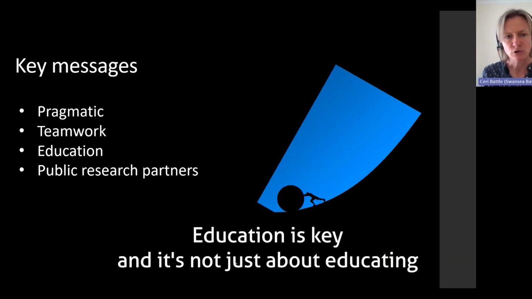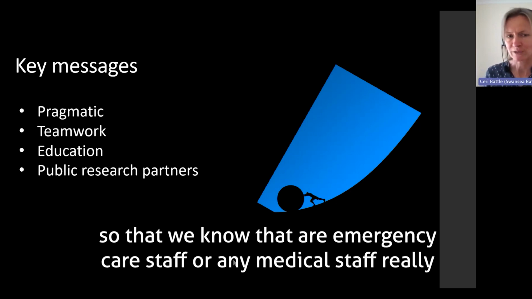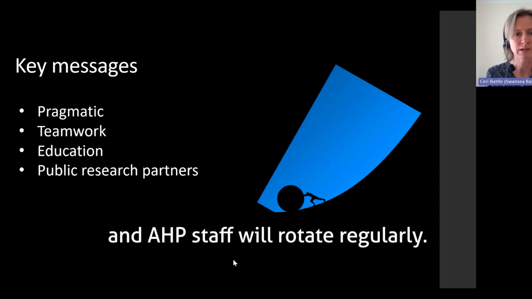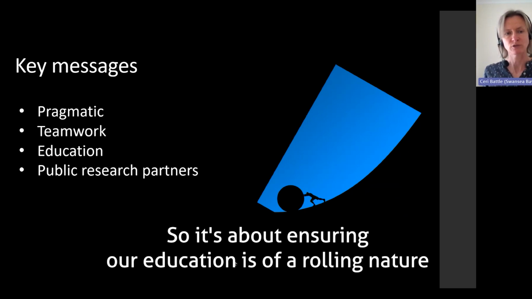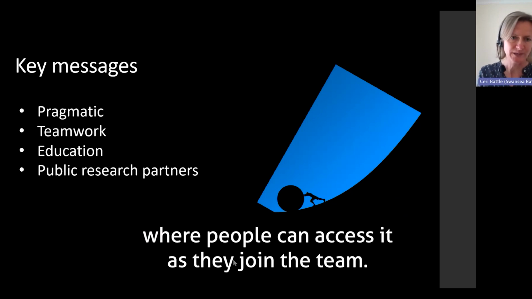Education is key, and it's not just about educating one group of people, it's about educating in a rolling programme, so that we know that our emergency care staff, or any medical staff and AHP staff, will rotate regularly. So it's about ensuring our education is of a rolling nature, or is accessible, recorded for example, where people can access it as they join the team.